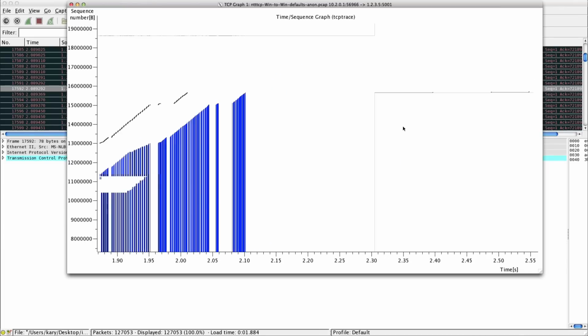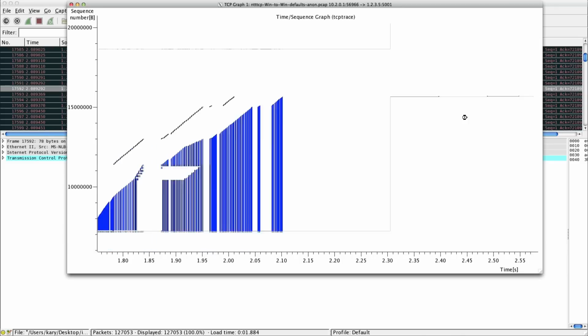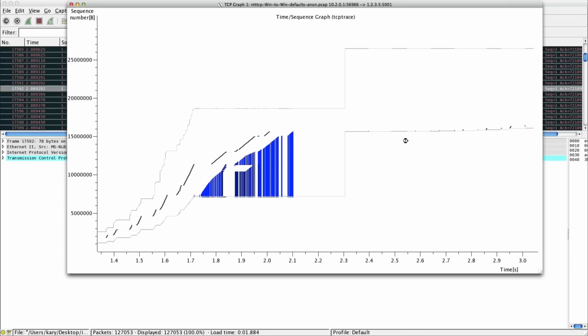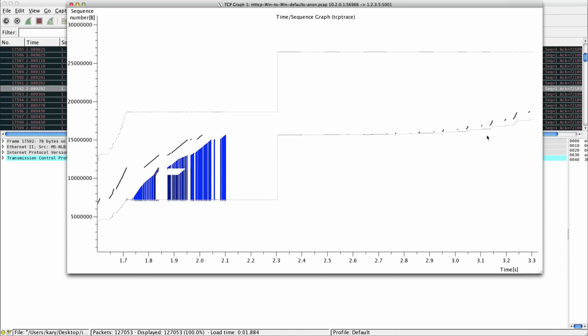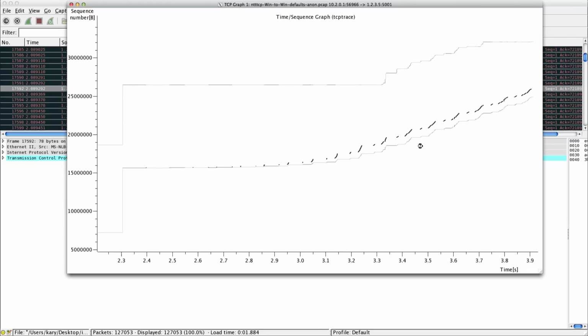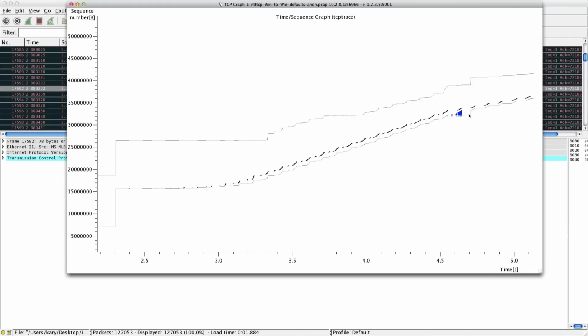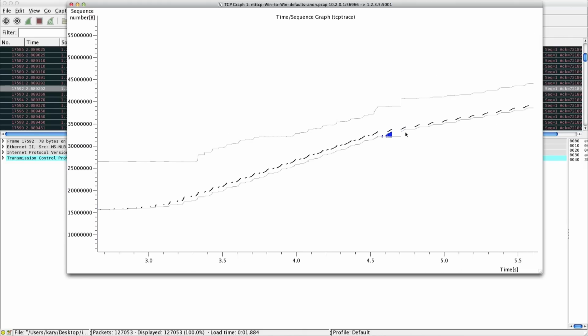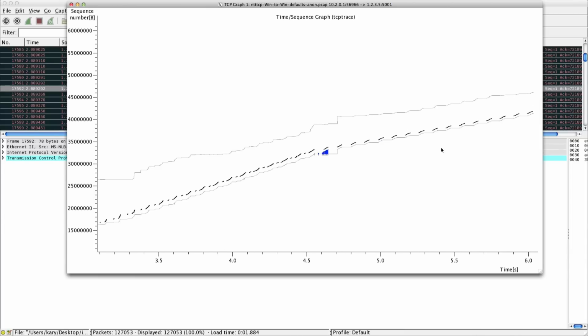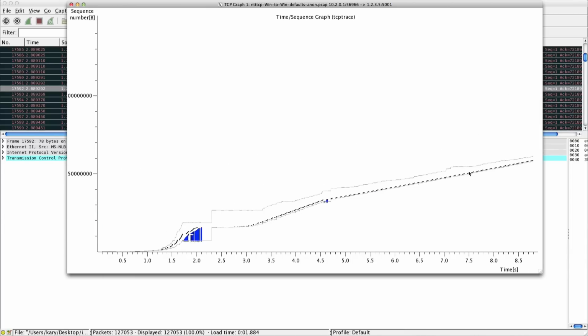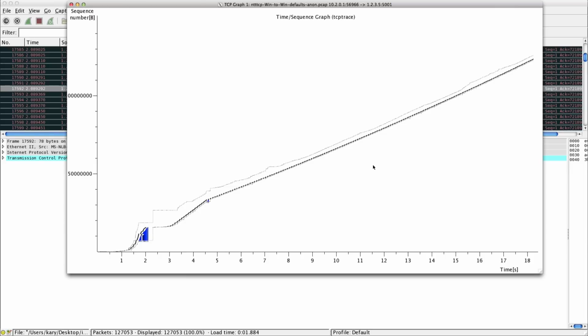And then there's a big long pause here, and then we go back into slow start. And we start building up, and we hit more loss, and then we're probably going into congestion avoidance, and it smooths out. It's a little less aggressive, and then it continues that way from then on.